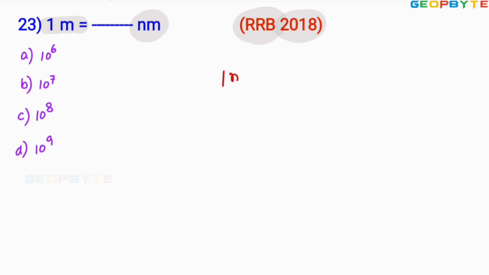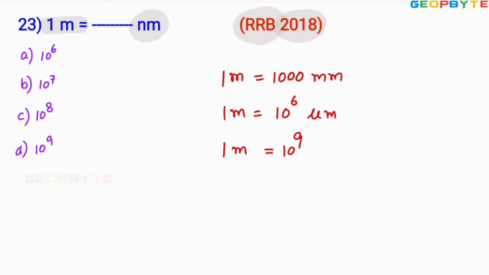Dear friends, 1 meter equals 1000 millimeters. 1 meter equals 10 power 6 micrometers. 1 meter equals 10 power 9 nanometers. So 1 meter is ideally equal to 10 power 9 nanometers. Therefore, option D is absolutely correct.